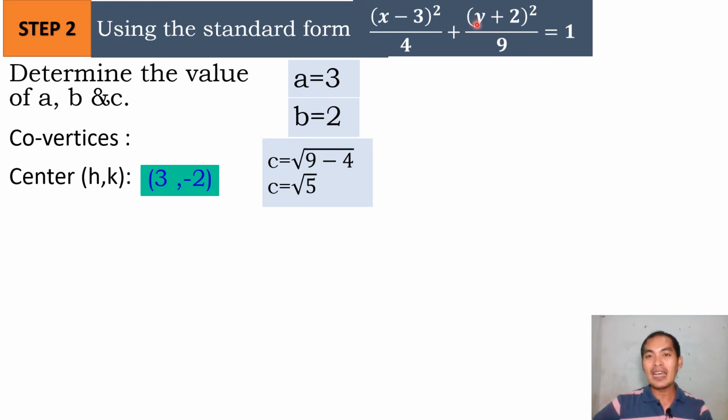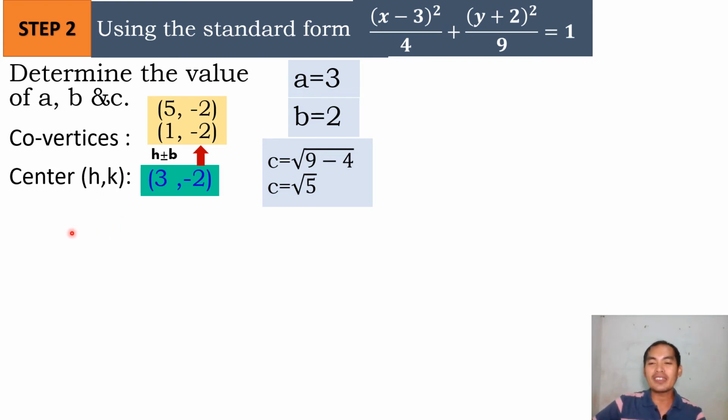Kukopyahin po ang center na same value ng variable. This is y, meaning y ang kukopyahin ng center. Then sa x is h, kukopyahin yung 3 plus b or 3 minus b. So h plus or minus b. We have 3 plus 2 is 5, negative 2. 3 minus 2 is 1, negative 2.